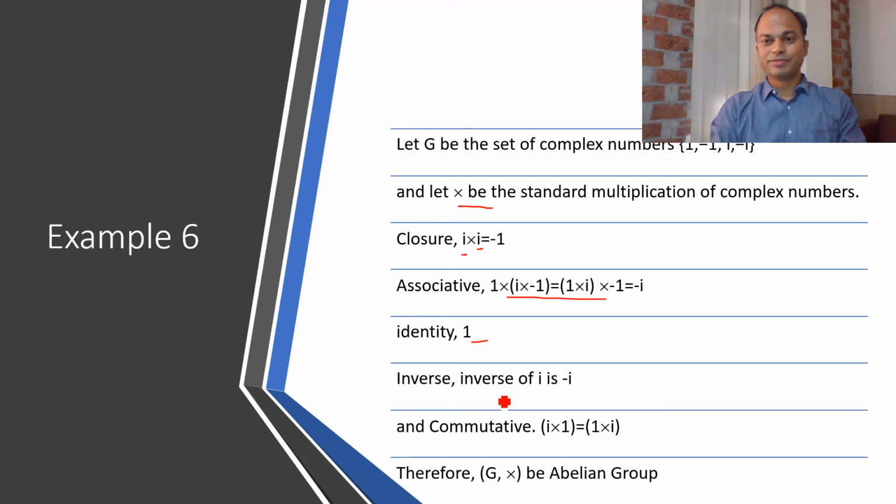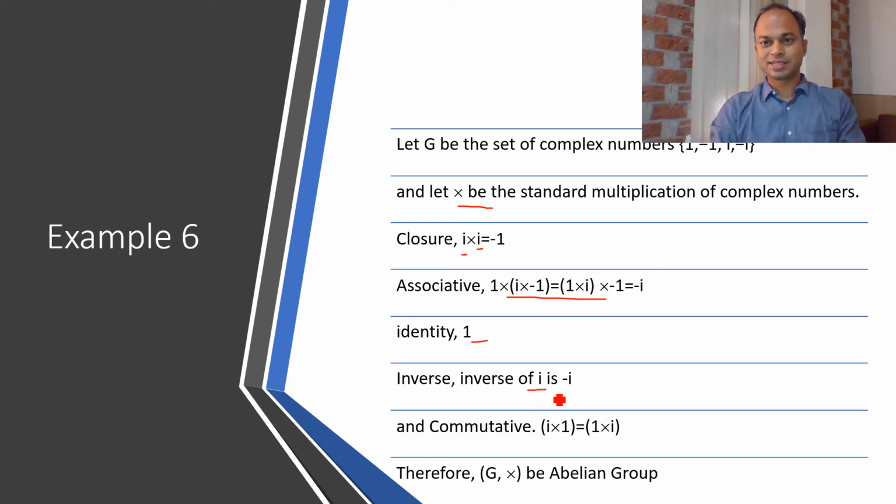If we talk about the inverse of i, it is minus i, because if we multiply i by minus i, then this is minus i square. Minus i square equals 1 and this one is the identity. So we can say that the inverse of i is minus i, because if we multiply this number with its inverse, our product should be the identity and we are getting the identity.